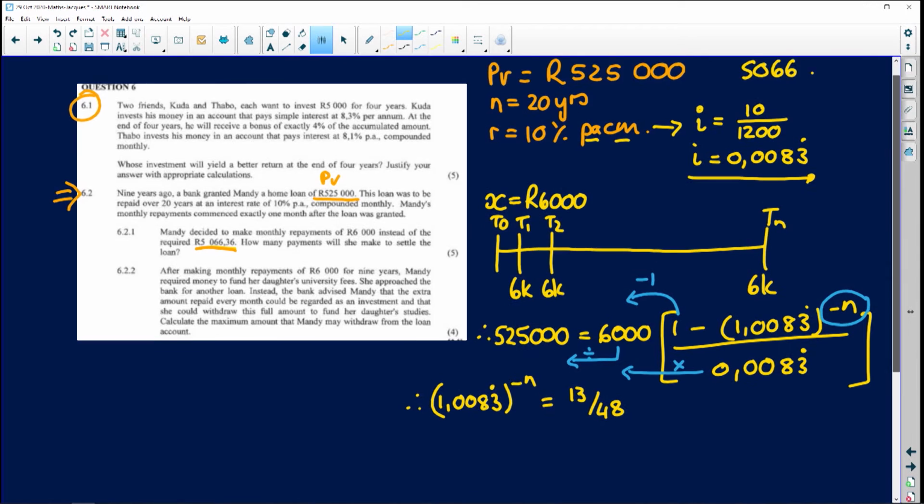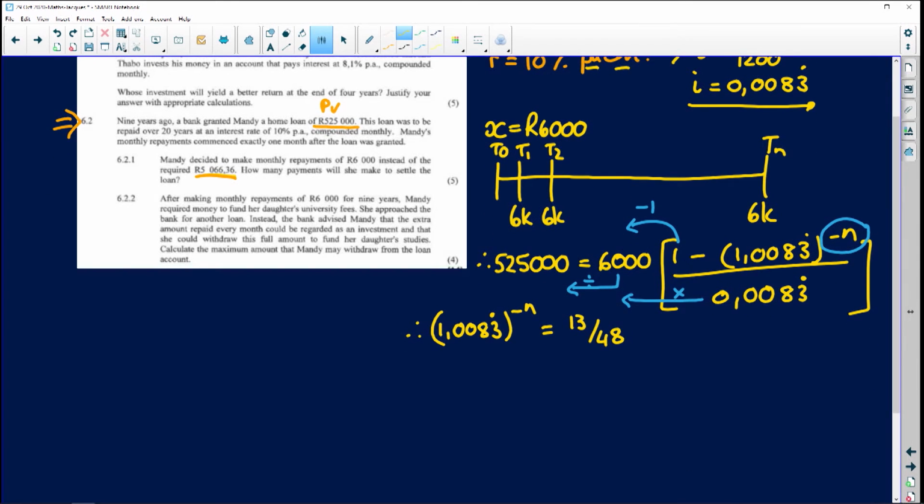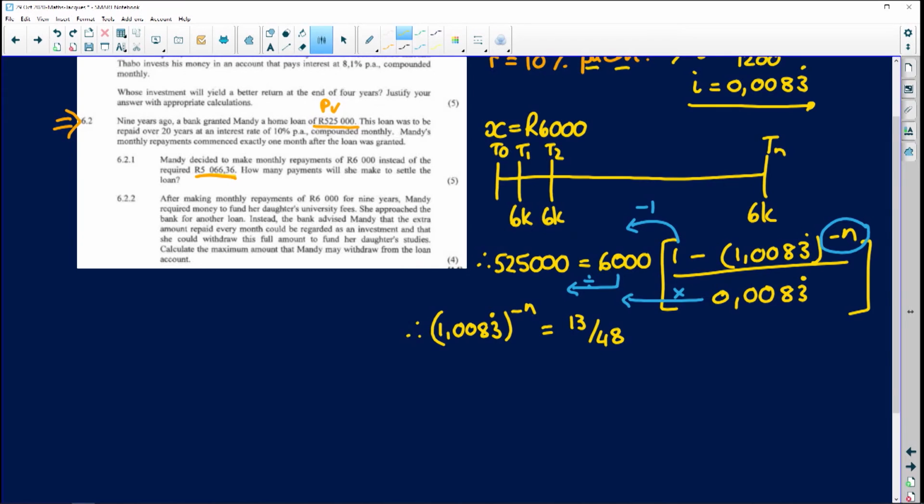Both sides are positive, which I'm very happy about, because remember, you are now going to use your exponential laws, which say you must either get the bases the same and work with the powers. If you can't get the bases the same, then you need to use logs. So we know those bases are not going to be the same. On the left, we've got 1 comma something. On the right, it's 13 over 48, which is already smaller than the 1.